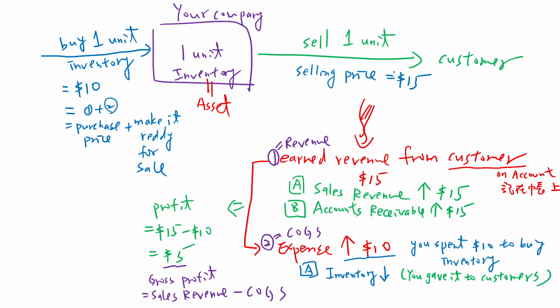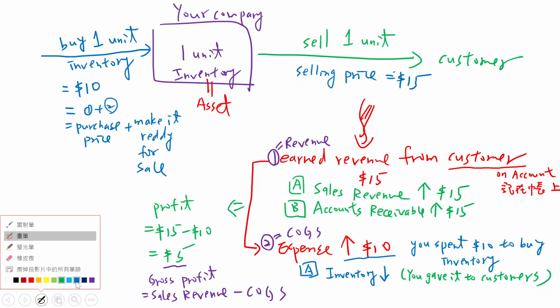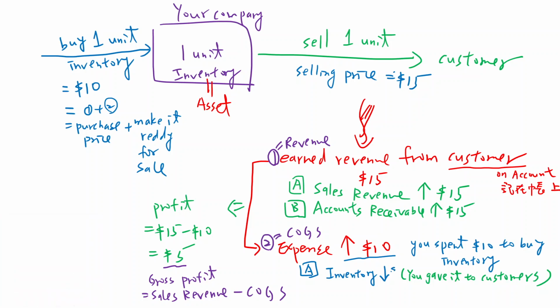How much? 1 unit, but how much did you spend to buy it before? $10. Okay? So your inventory decrease $10. One unit for $10 because you spent $10 before. Inventory decrease. Your assets decrease.